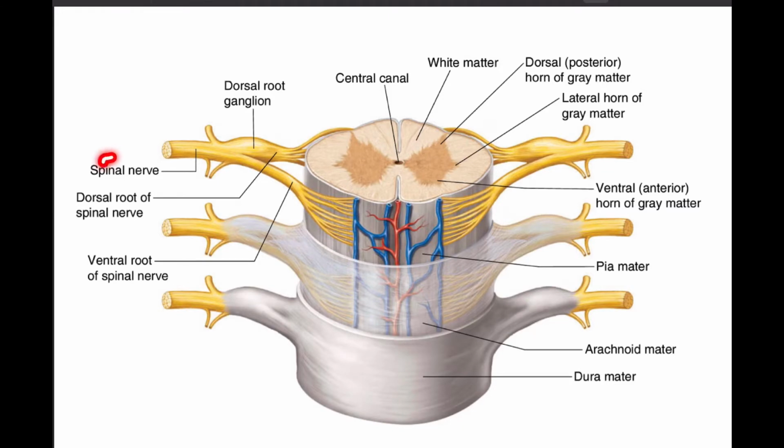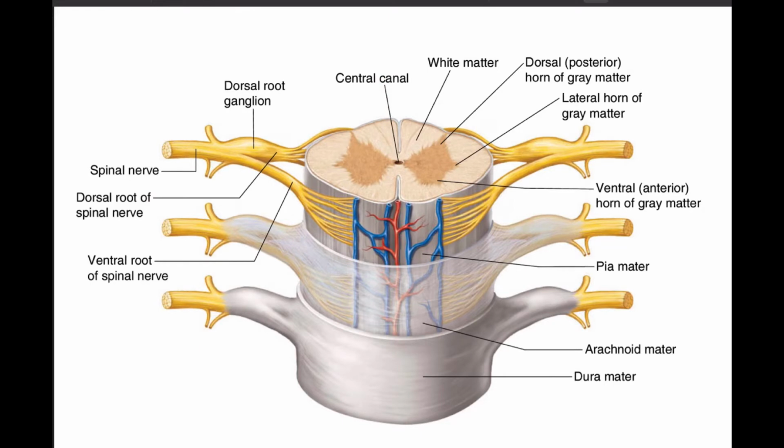These sensory nerve fibers go through the dorsal root, and after the processing and analyzing of the information in the cerebral cortex of the brain, from there is a descending tract, and that descending tract will carry motor nerve fibers, and those motor nerve fibers will come through the ventral root, and it goes to the rest of the body.